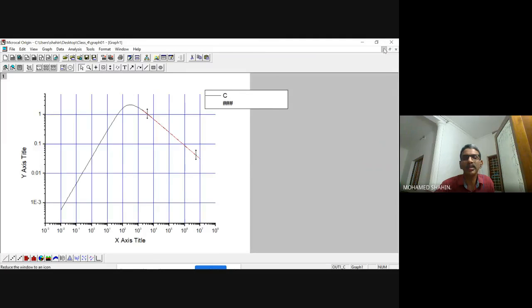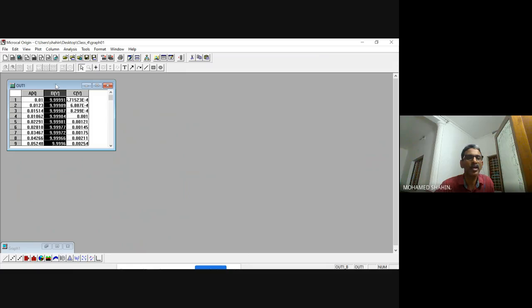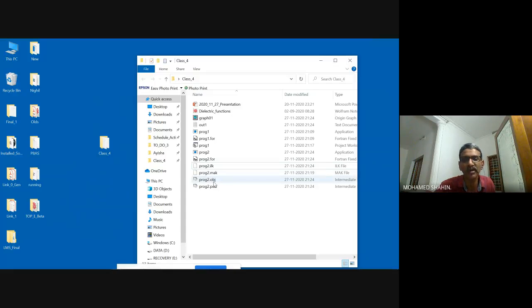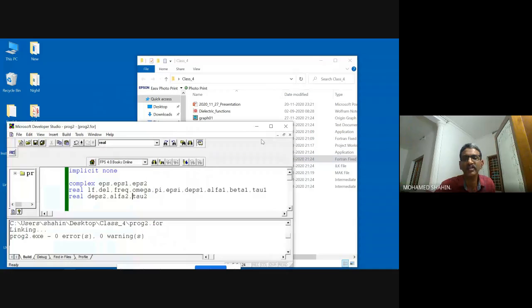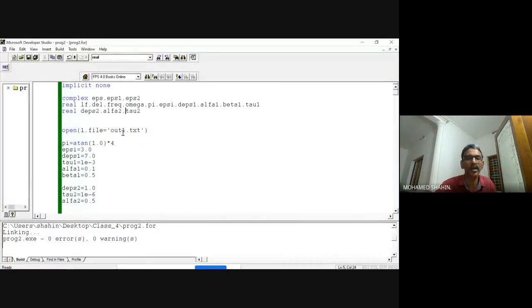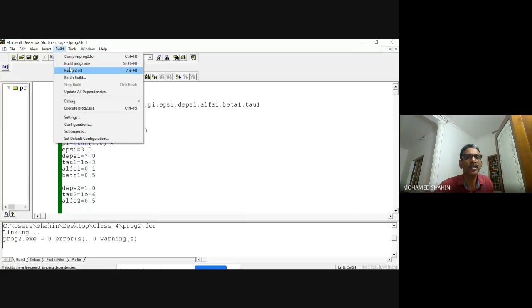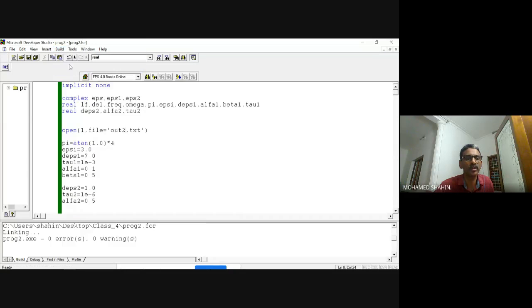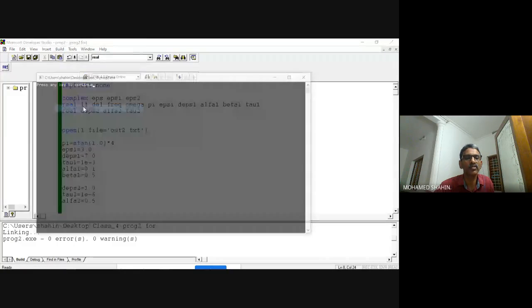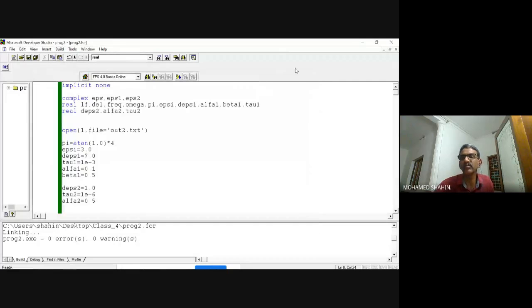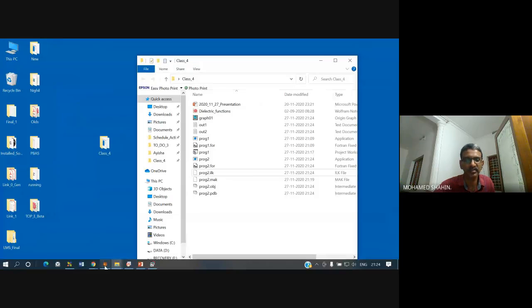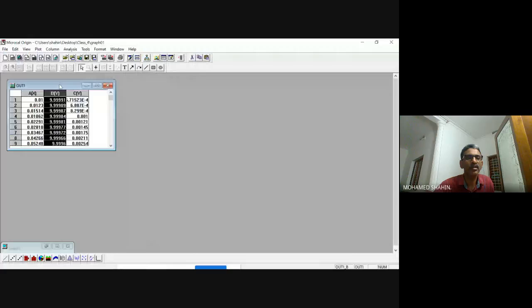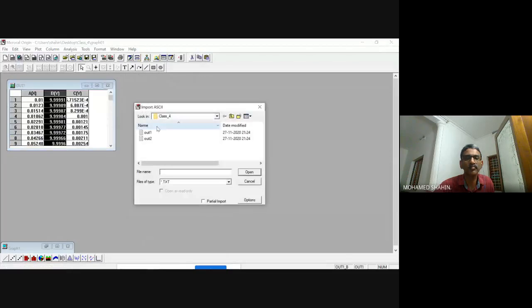Now what I am doing is importing it. Okay, the only problem I made is that in prog 2, I should make the graph output to be out 2. Save it, build, rebuild all, build, execute. Okay, continue. Now you can see this. I imported here.